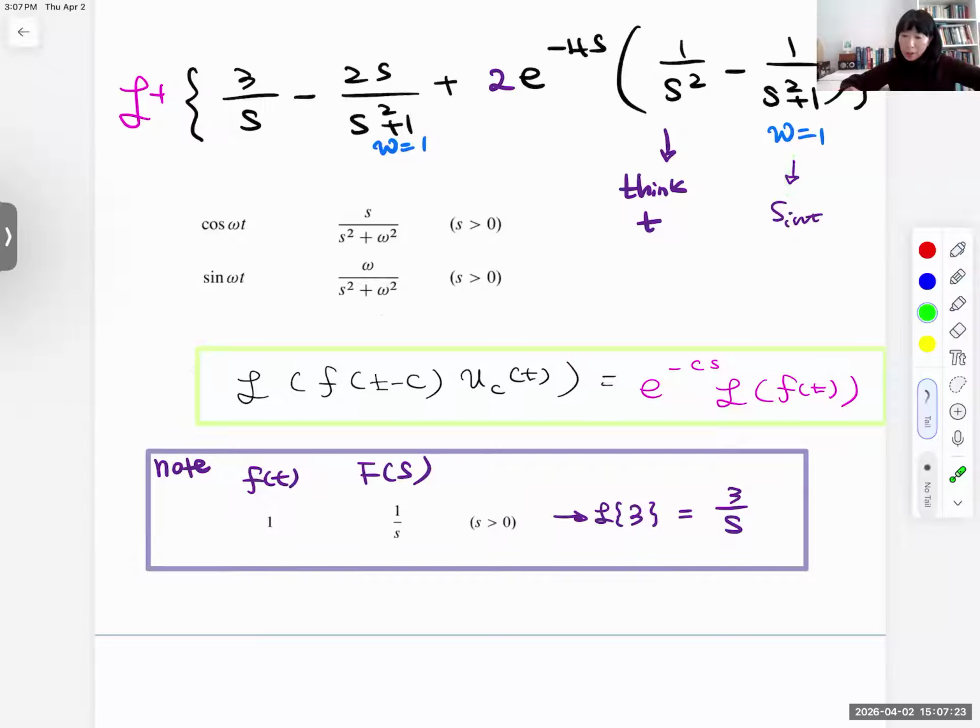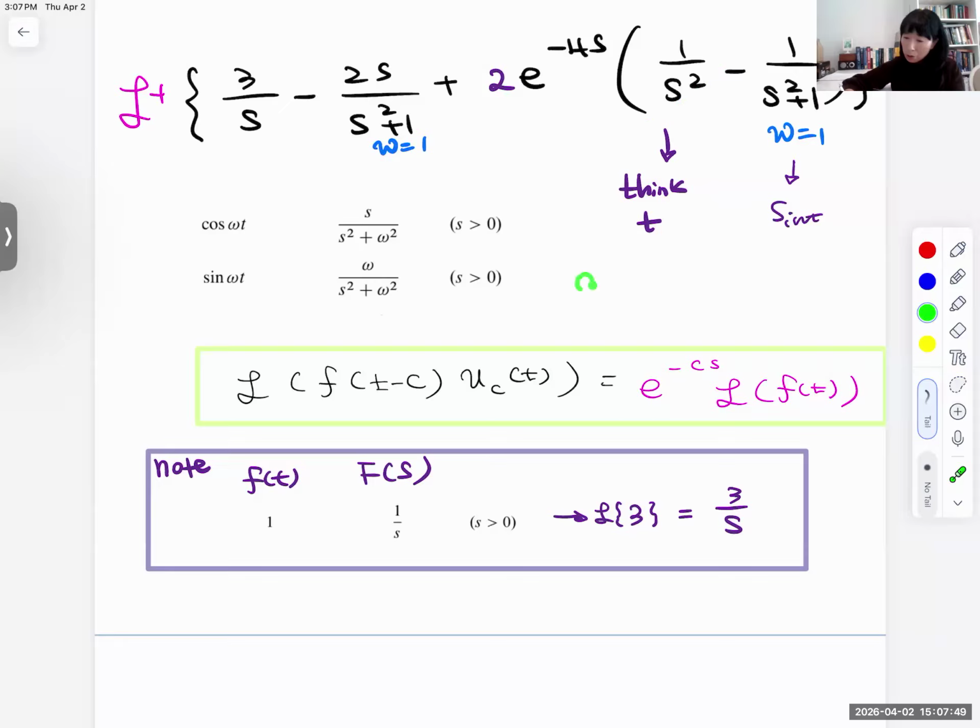But then we have e to the negative 4s. Remember, if we have e to the negative cs, then this one will be, what is called, a unit step function, right?